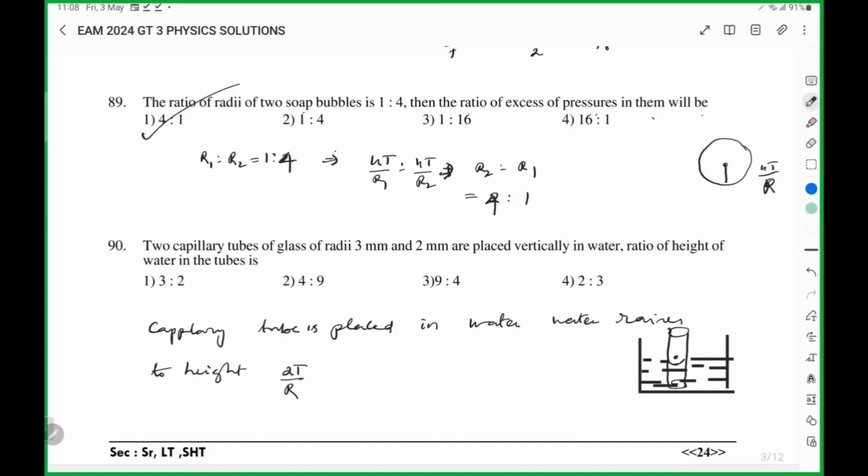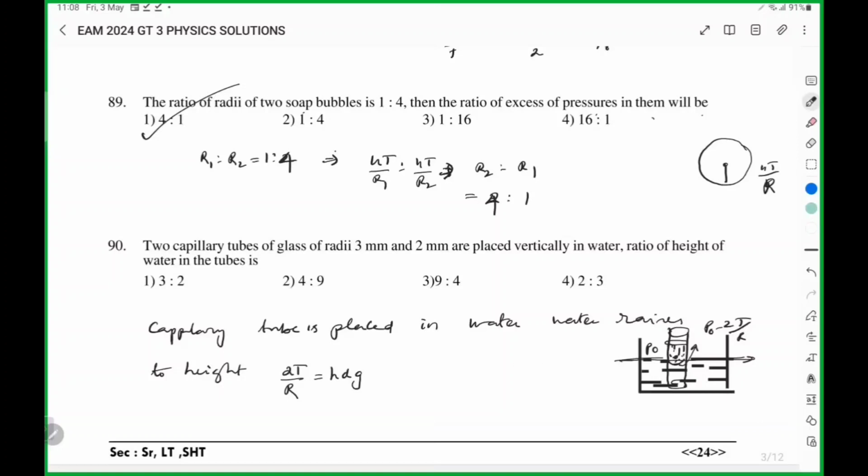Here, excess pressure will be there. Here it is P naught, and here it is P naught minus 2T by R. To have the same pressure along this line, at this point P naught minus 2T by R, it has to gain 2T by R. That will be gained by raising its level, that is 2T by R is equal to hρg.